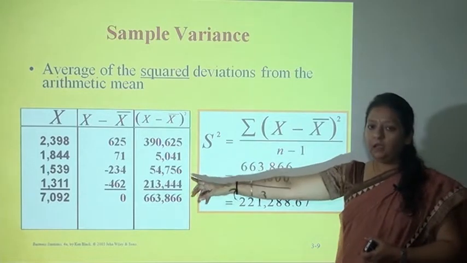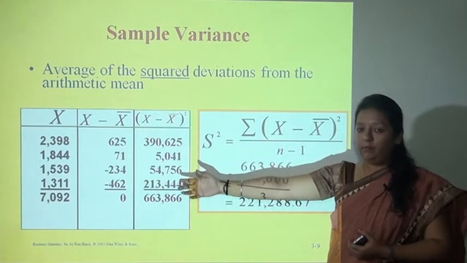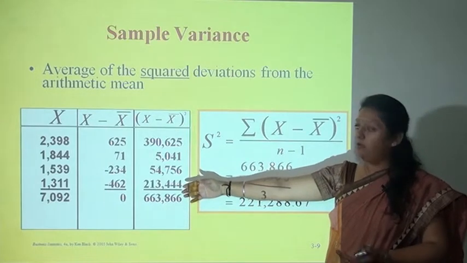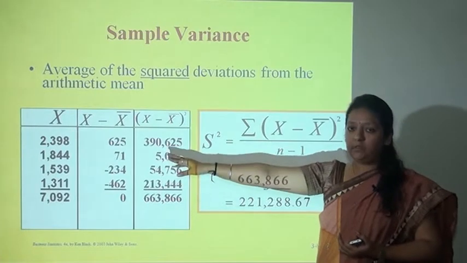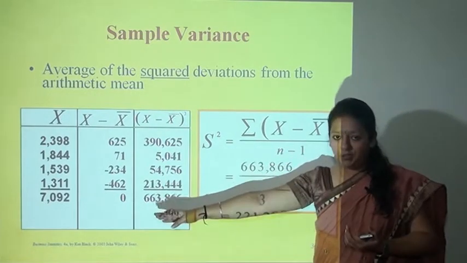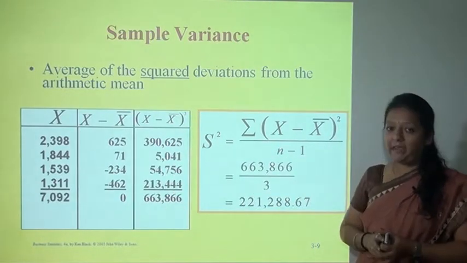Again, we'll take the same data and perform the same calculation in order to find the sample variance and sample standard deviation. That is, x has been given: 1398, 1844. We are going to sum it all, and we'll have a value of x bar.